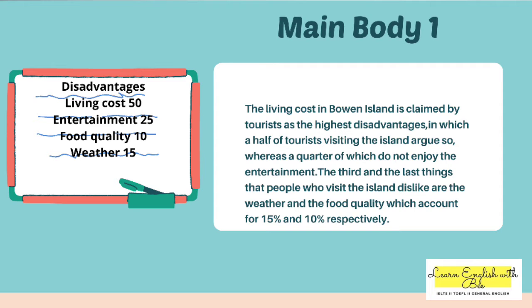And as for writing the percentages, I simply wrote based on the number, 15% and 10% respectively. Then from the first data you can learn that actually you can compose your paragraph based on the ranking.